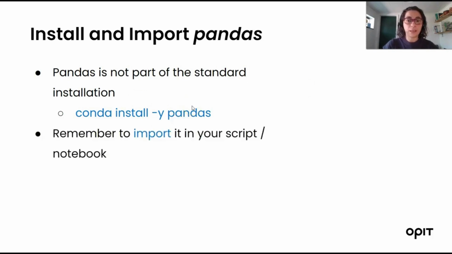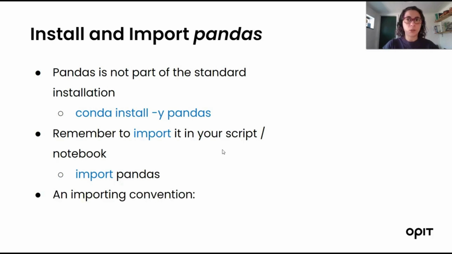Then, whenever you need to use it in your code, in your terminal, in your notebook, for example, you need to first import it by simply typing import pandas. The importing convention is to import pandas as pd, so that whenever we need to use some of its modules, we don't need to constantly type pandas, instead we type pd. This is a convention for importing many modules with a short name, so you simply need to import the module you wish and then type as and the short name you want to use instead of the module's name.